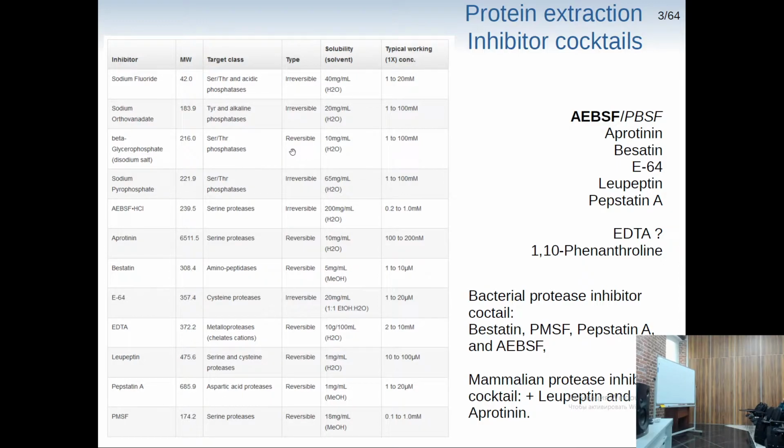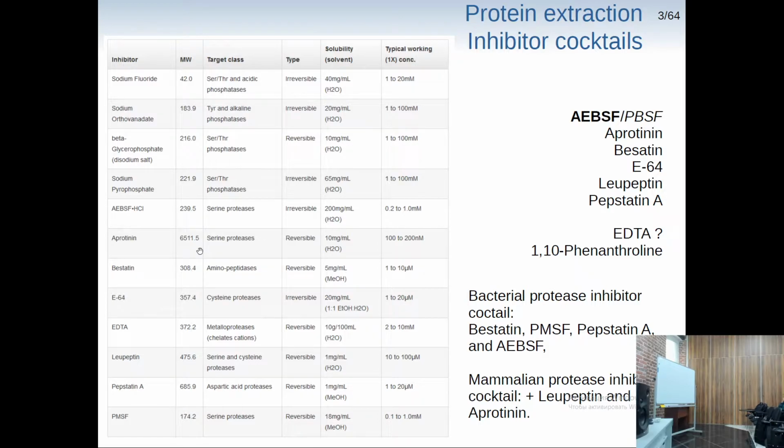inhibitors. You have to keep the same concentration of this inhibitor, unless you denature your proteins, right? Also, some of them have very small molecular weight and you can easily get rid of them, but some of them are actually peptides of considerable molecular weight, and they can stay in your protein mixture sample.